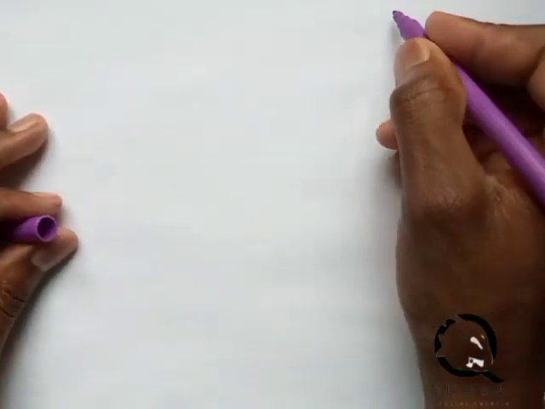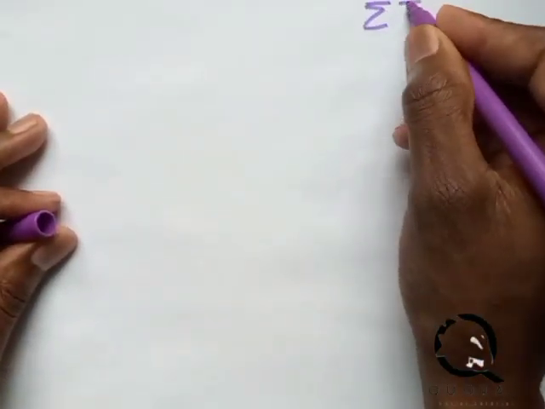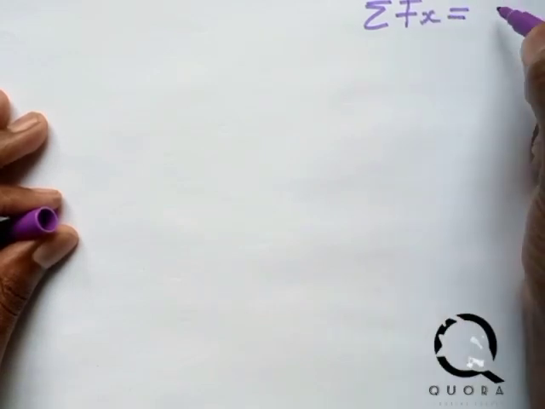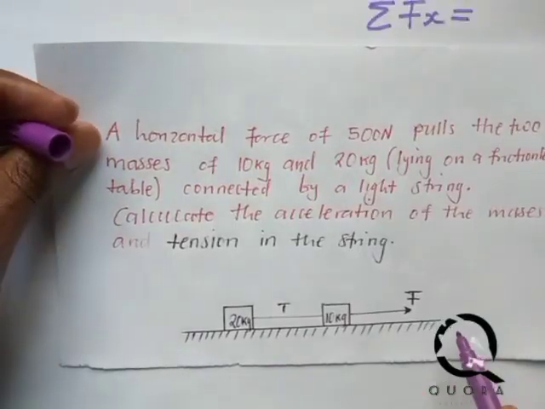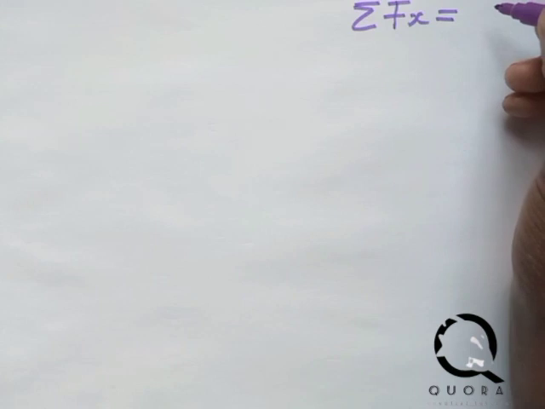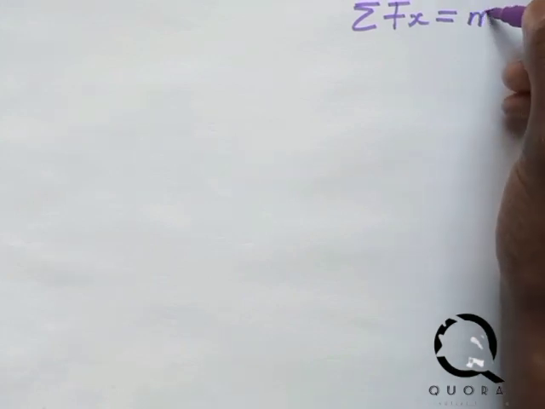Using the second law of motion, since the objects are moving in the horizontal direction, meaning the x-axis, I'll say the summation of forces in the x-axis gives us mass times acceleration.